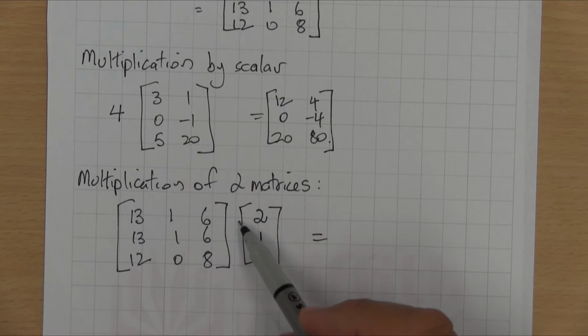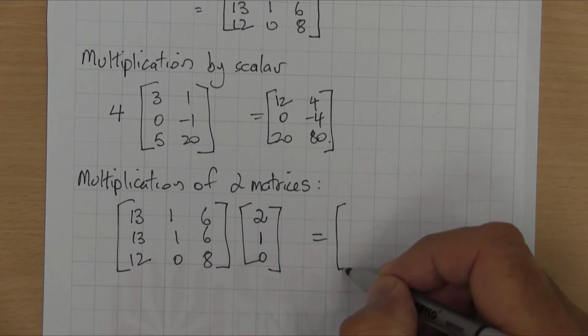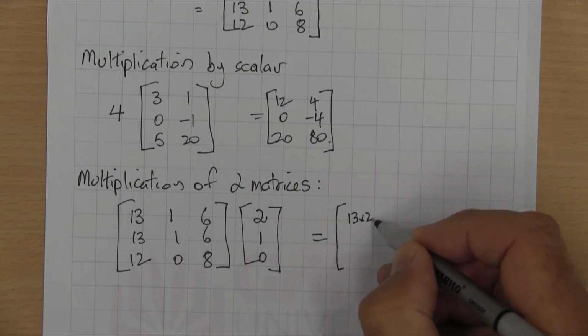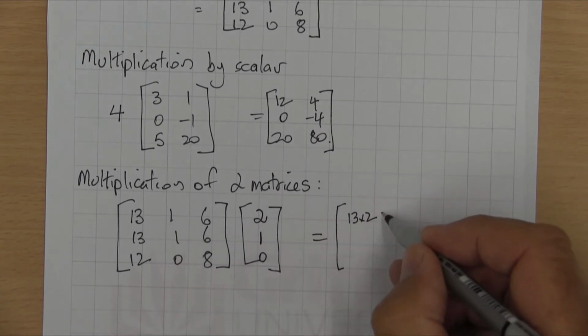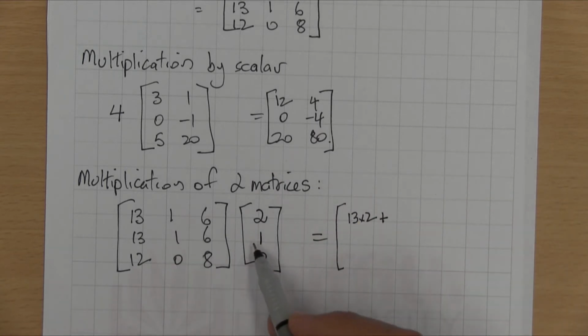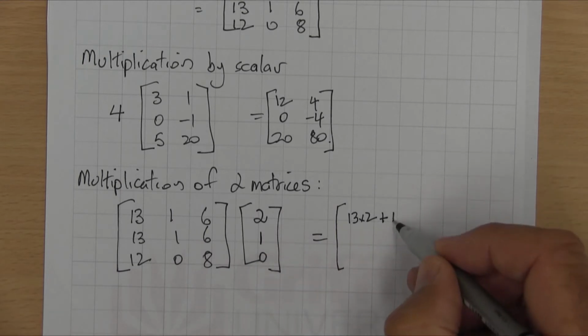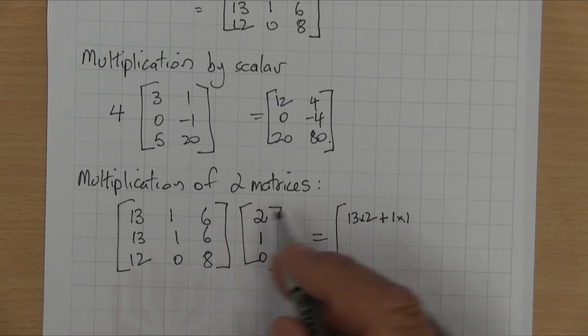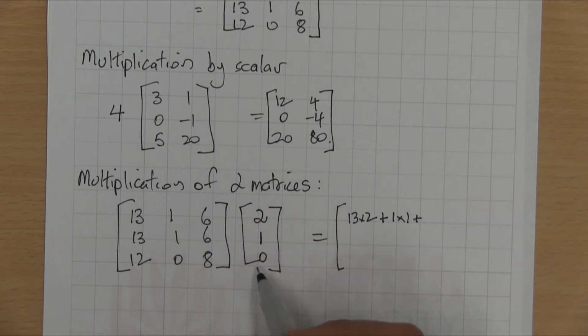So 13 would be multiplied by 2, and then you always add. This number would, if you've got the 13, 1 and 6, it would be 1 times 1. Always plus, and then 6 times 0.